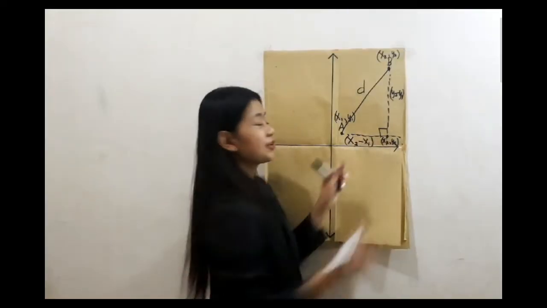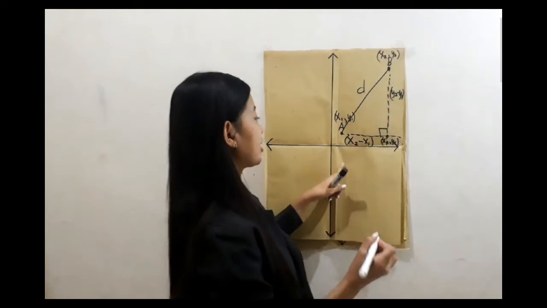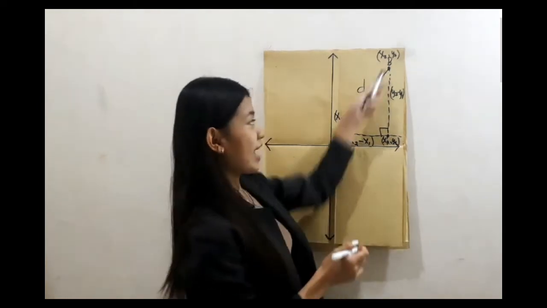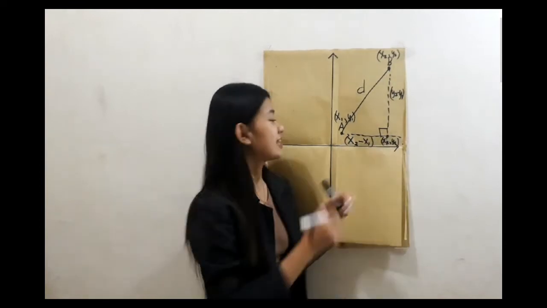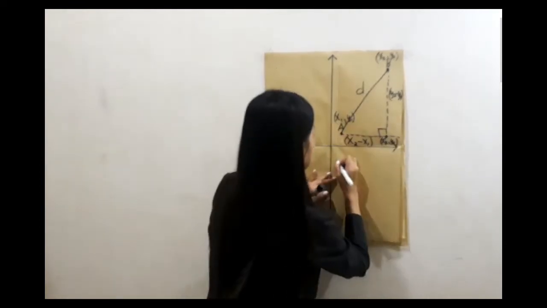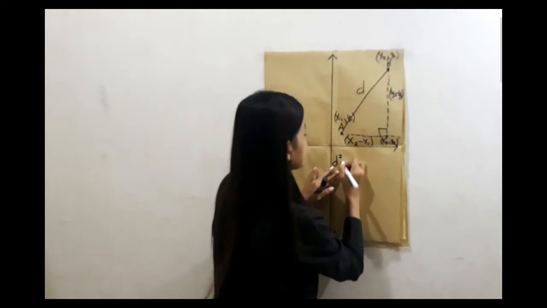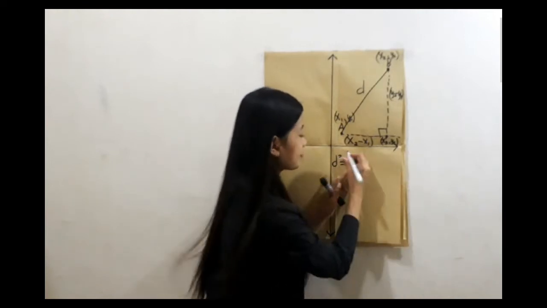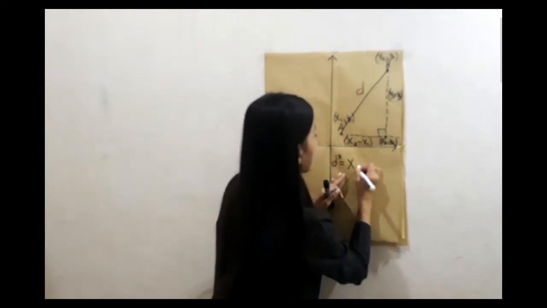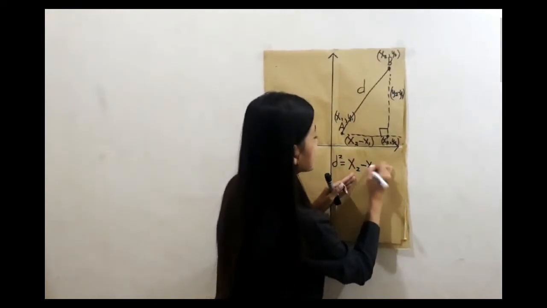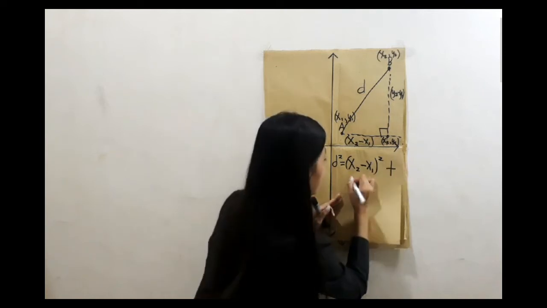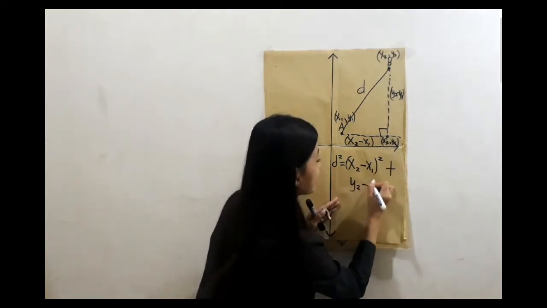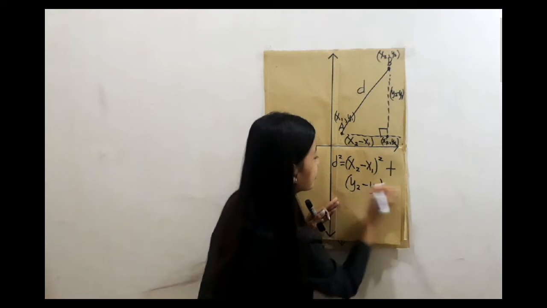So using the Pythagorean theorem, which says the square of the hypotenuse is equal to the sum of the squares of the two sides, we have d squared equals the quantity x sub 2 minus x sub 1 squared plus the quantity y sub 2 minus y sub 1 squared.